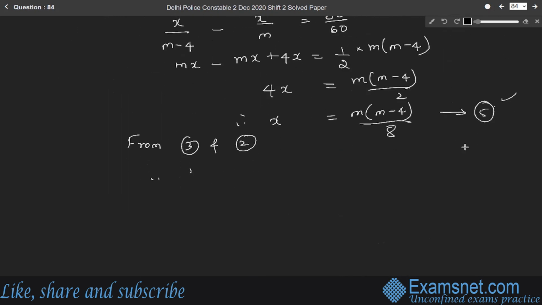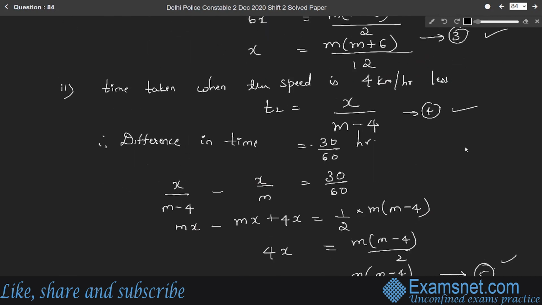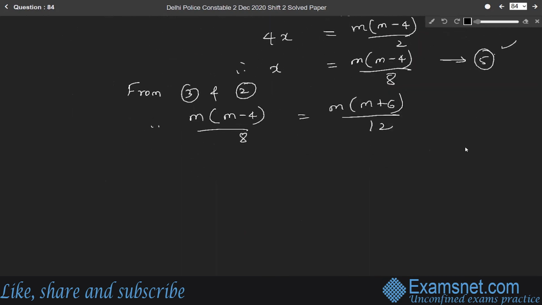Therefore, m into m minus 4 by 8 is equal to m into m plus 6 by 12. Both the equations give the distance. So m will get cancelled here. So 12 into m minus 4 is equal to 8 into m plus 6.